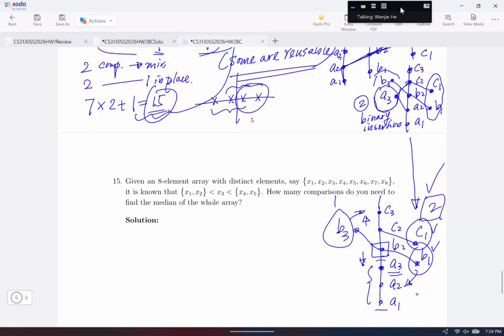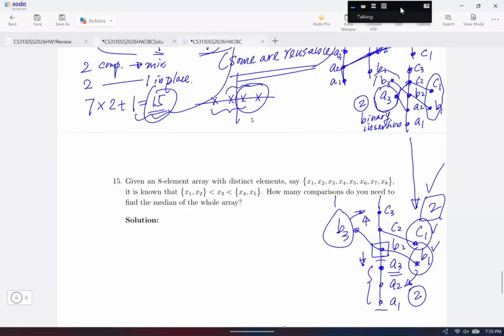So that means 2 more comparisons. Then the location doesn't matter, just below B2, location doesn't matter.